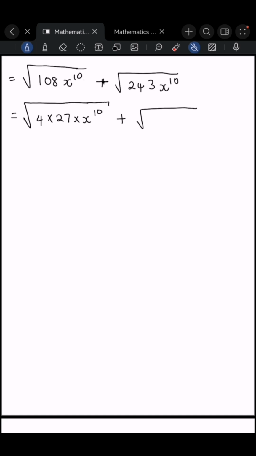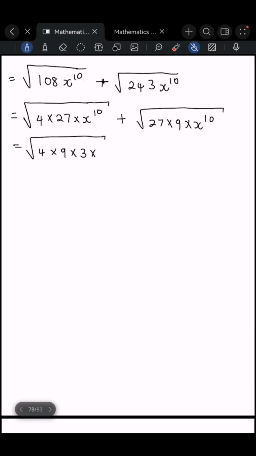Okay, 243 is going to be equal to 27 times 9 times x to the 10, right? And furthermore, we see that it can be 4 times 9 times 3 times x to the power 10.